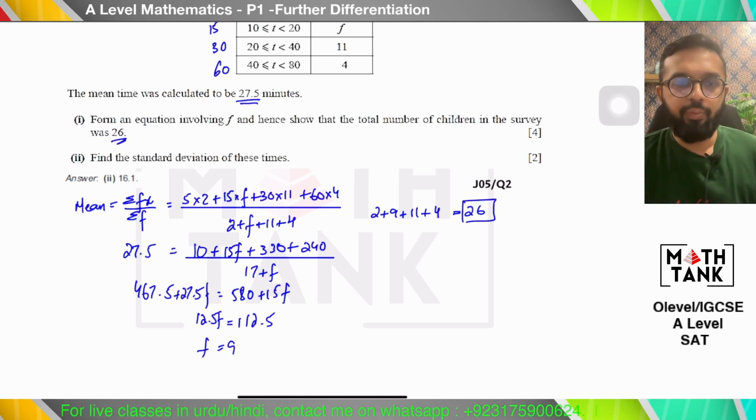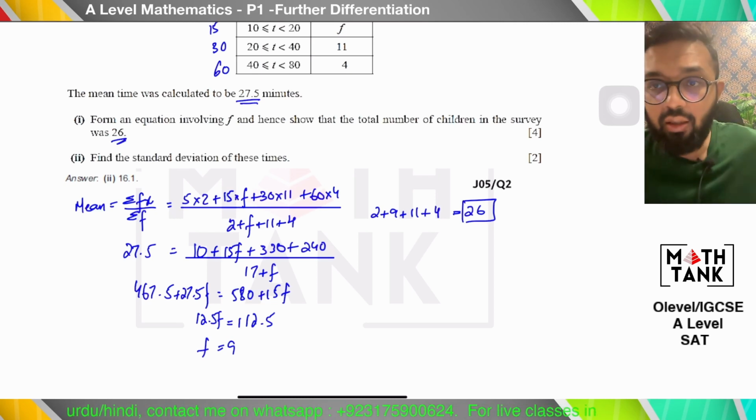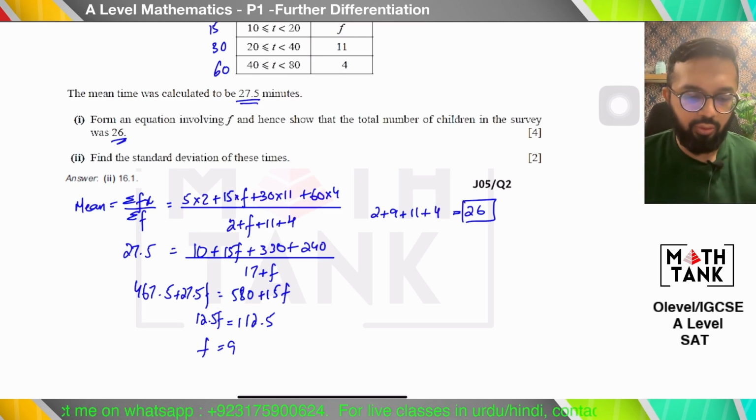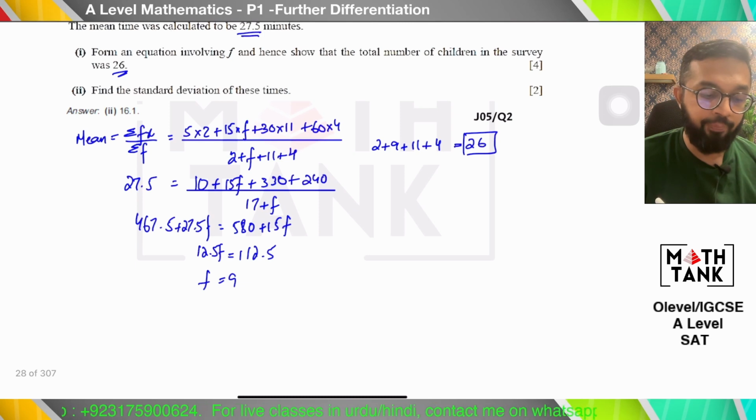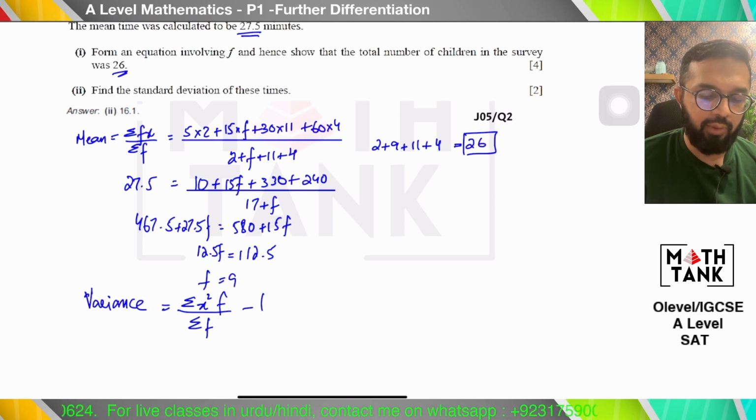Okay, so then I have to find the standard deviation of these times. So you use the standard deviation formula. I already have the mean, so I can say that the variance will be sum of x squared f over sum of f minus the mean squared.